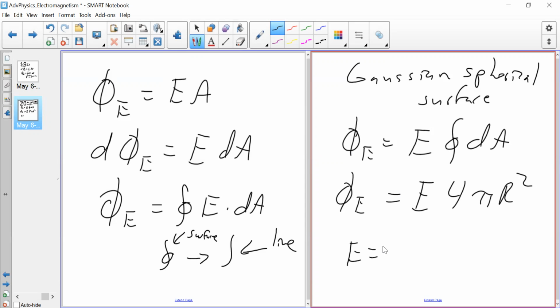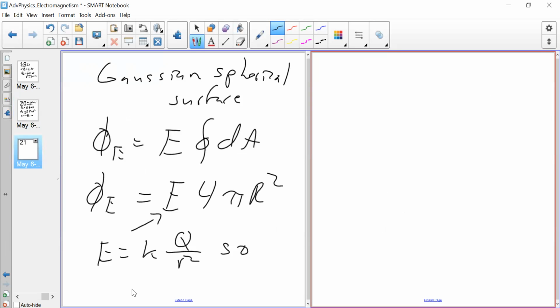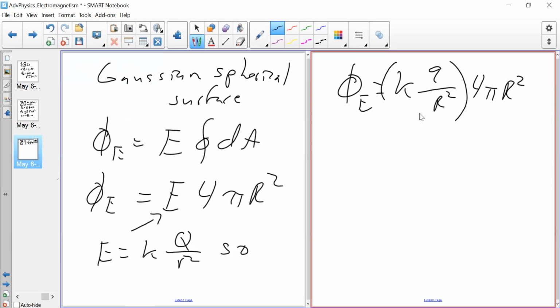Now, we also know the electric field is kq over r squared. So we have phi E equals k q over r squared times 4 pi r squared, because this was E, this is A. Does this eventually end up in Q over epsilon naught?